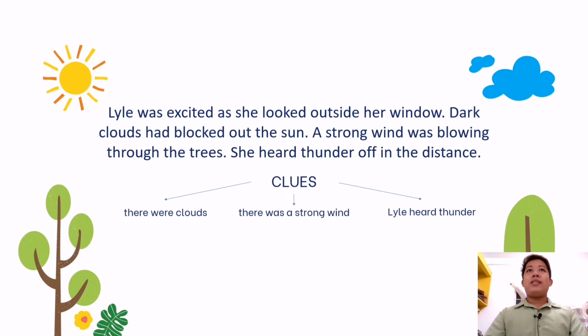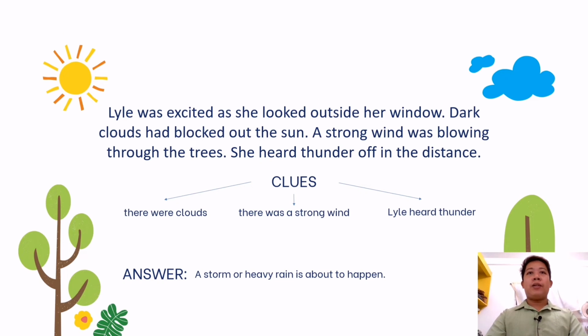Now, what is about to happen when there are dark clouds, a strong wind, and a thunder? The answer is, a storm or heavy rain is about to happen, and that is our conclusion. We know that from prior knowledge, even though the passage did not mention the storm or even rain.